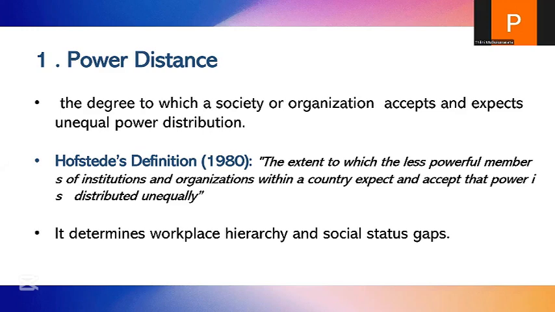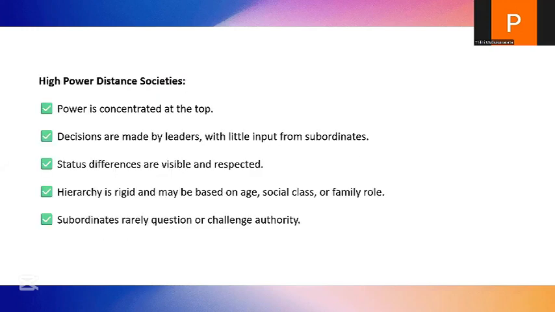Power distance can be categorized into two: higher power distance and lower power distance. In high power distance societies, power is centralized at the top. That means leaders are very authoritative. They take the decisions and never go for the subordinates' or employees' ideas, right?